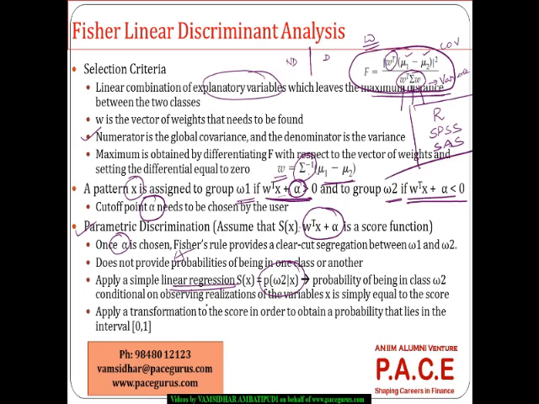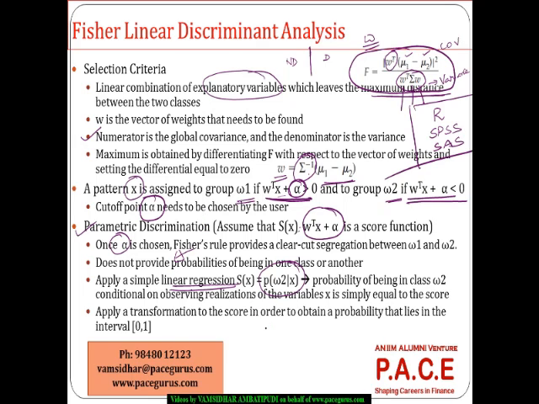That can help me obtain the probability that a particular borrower can belong to a default class, and 1 minus that will tell me the probability that he will belong to the other class.